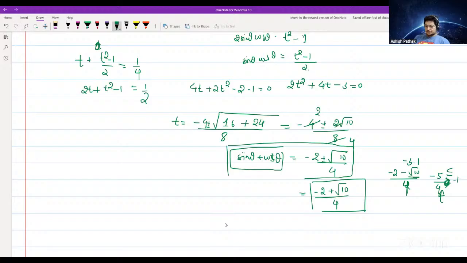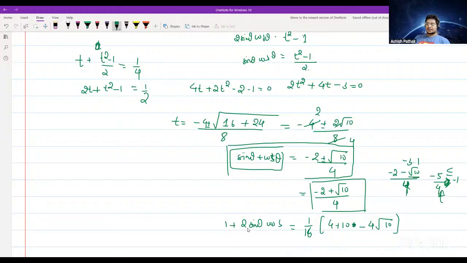Now we will do the squaring. Squaring will give you sine square theta plus cos square theta, which is equal to 1. So 1 plus 2 sine theta cos theta is equal to 1 by 16 times, a square which is 4, plus b square which is 10, and minus 2ab, that will become minus 4 root 10.